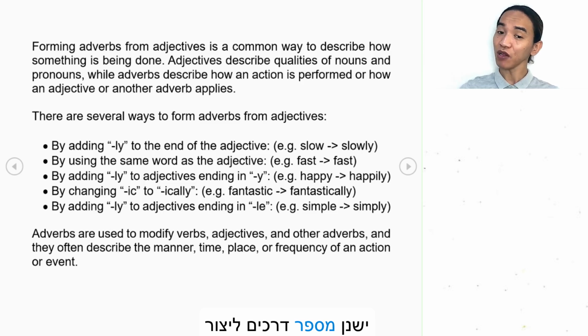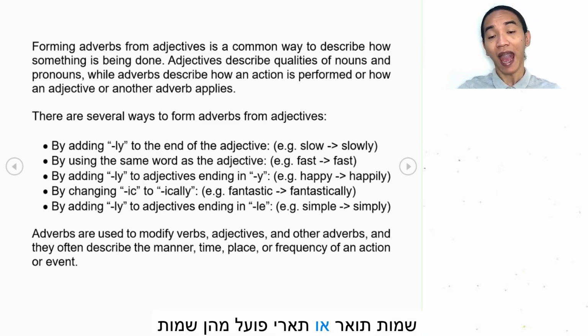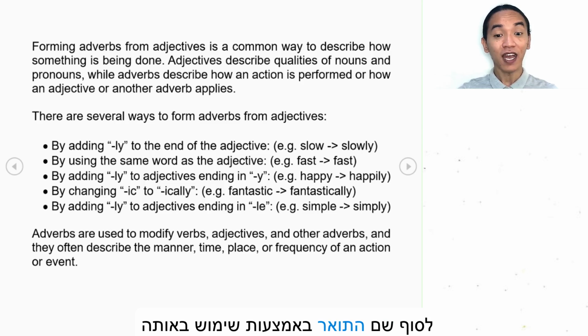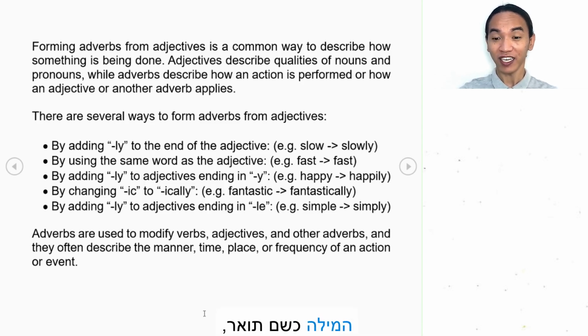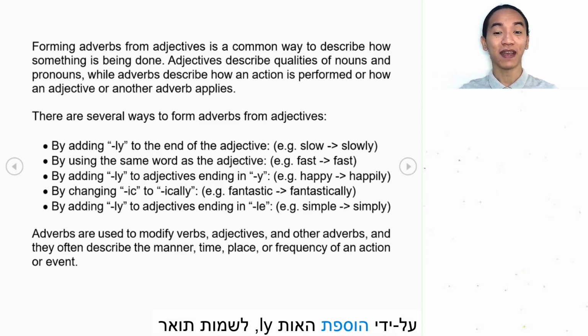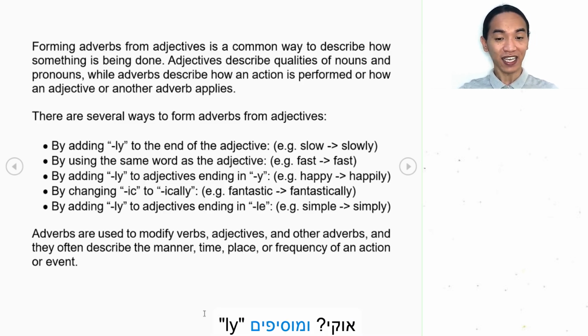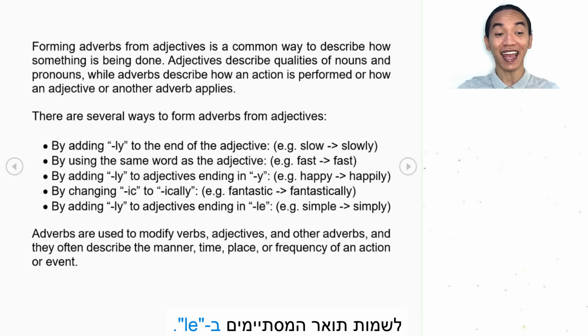There are several ways to form adverbs from adjectives: by adding ly to the end of an adjective, by using the same word as the adjective, by changing y to ily for adjectives ending in y, by changing ic to ically, and by changing the ending of adjectives ending in le.